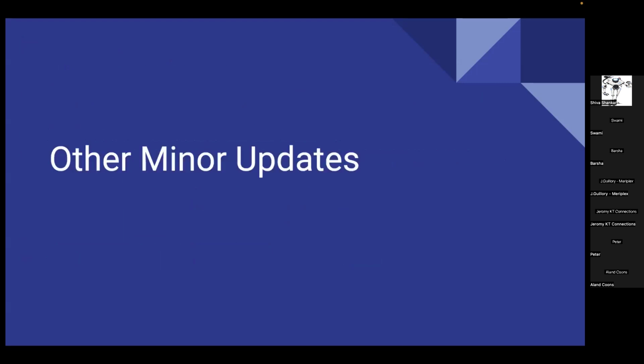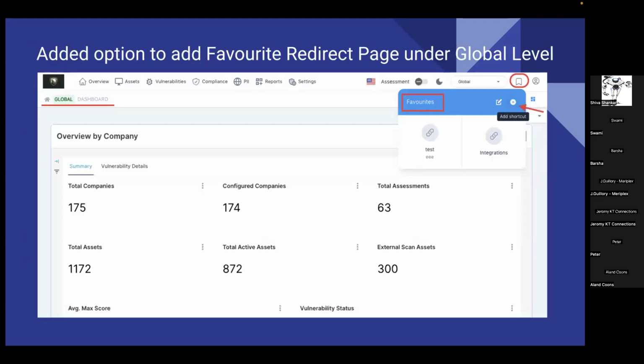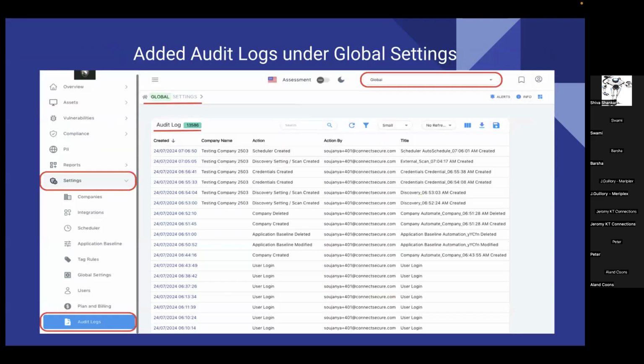Okay. Apart from this, there are a bunch of minor updates. There is the whole concept of favorites, so you can add different screens as favorites and then access them very quickly. I think a lot of people got excited by this feature. Then we have global audit logs in the global settings.